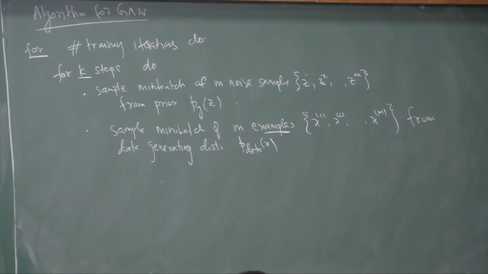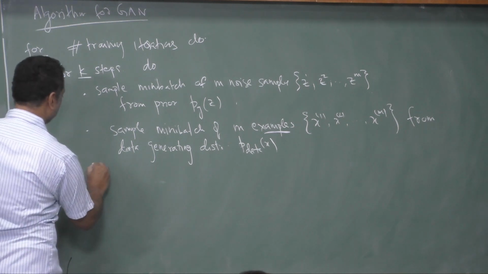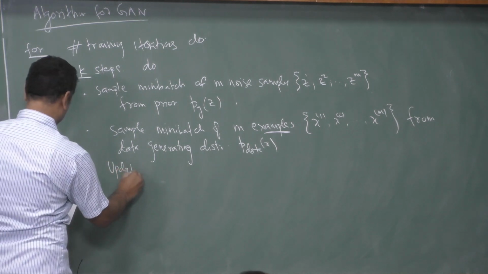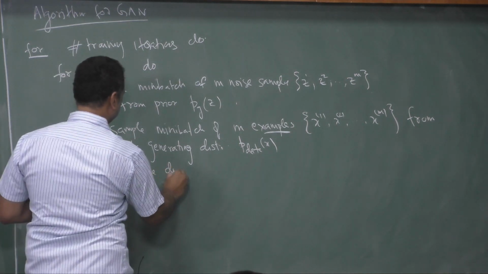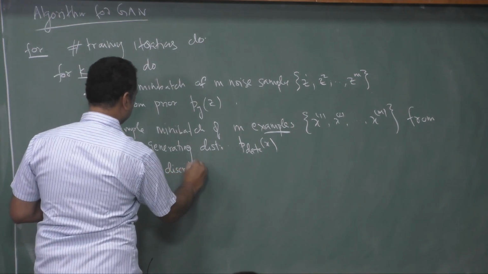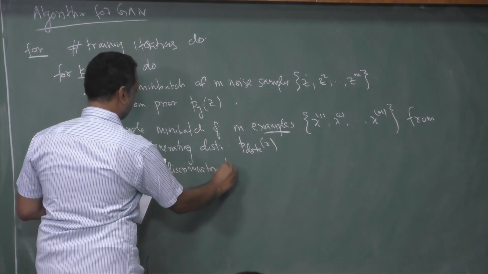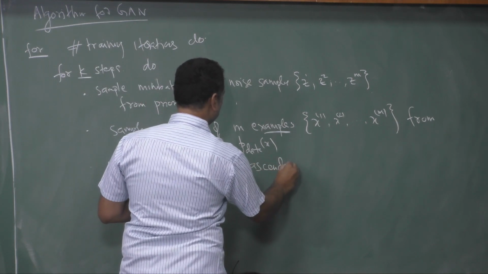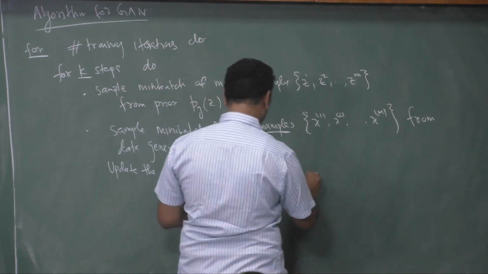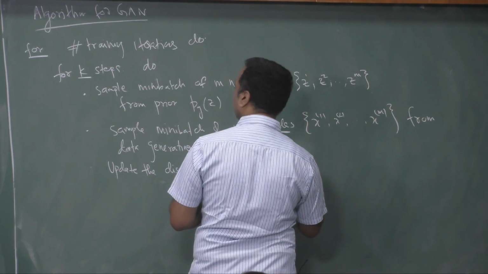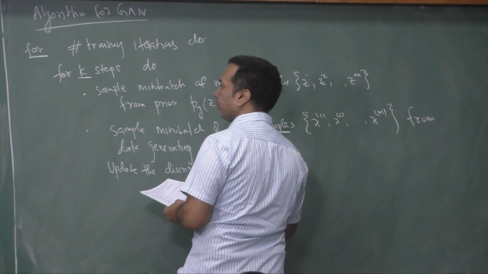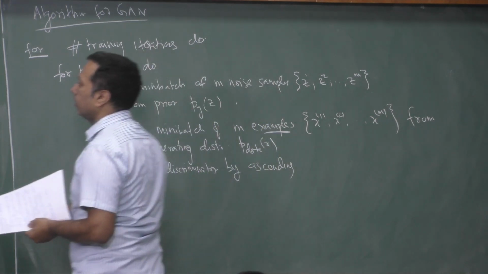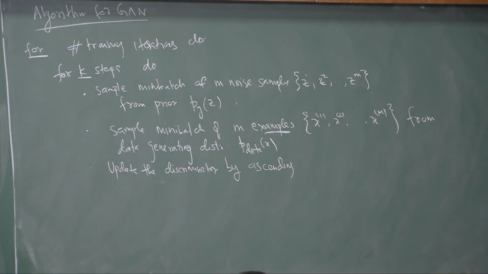by ascending its stochastic gradient. So update the discriminator by ascending. It's like gradient descent-ascent, but since it's a max for the discriminator, because the discriminator goes with phi, we maximize over phi. Hence, if I have to maximize, I will use gradient ascent.